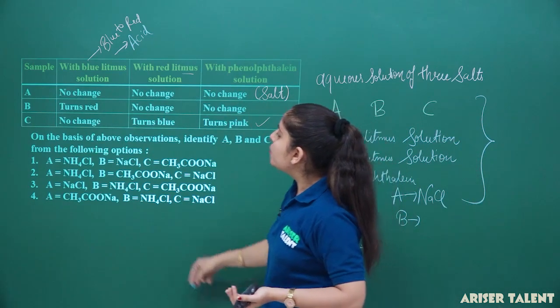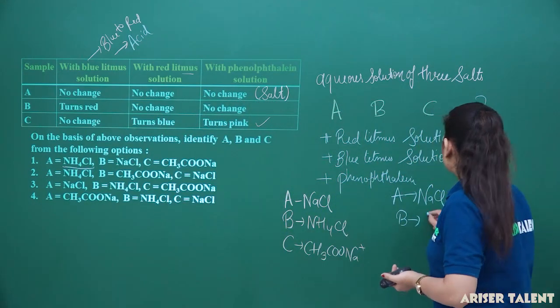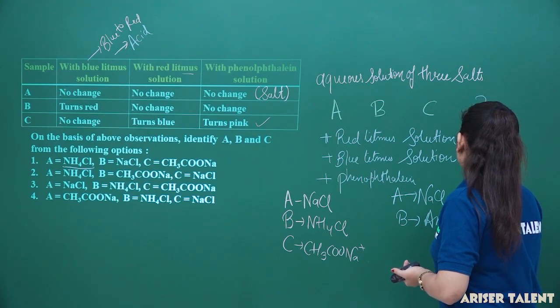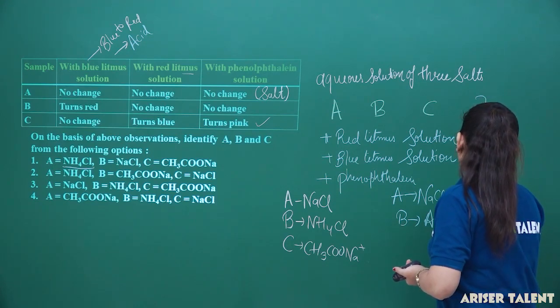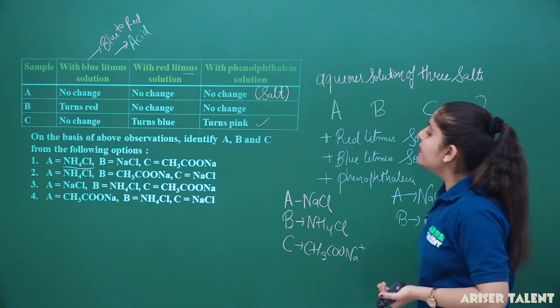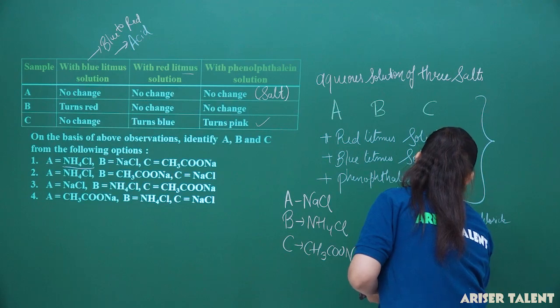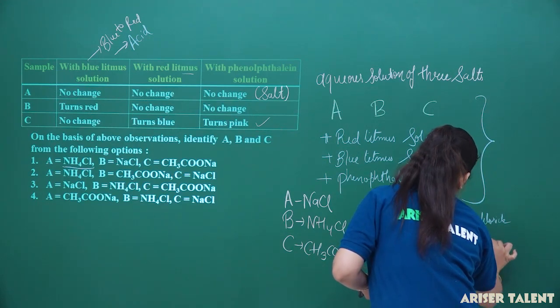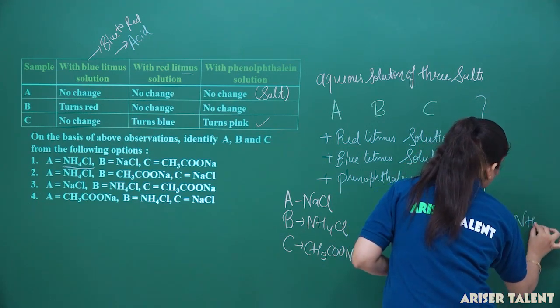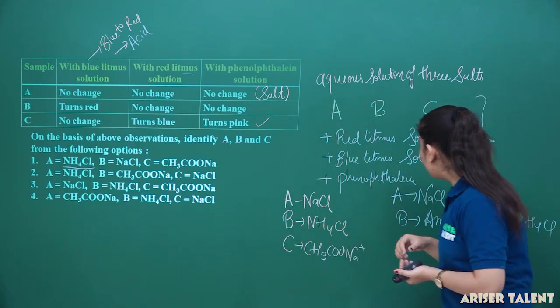Among all these options, ammonium chloride is the acid we have, so ammonium chloride will be our option B. And what are we left with? CH3COONa, so it must be option C. So, which option is satisfying our conditions?